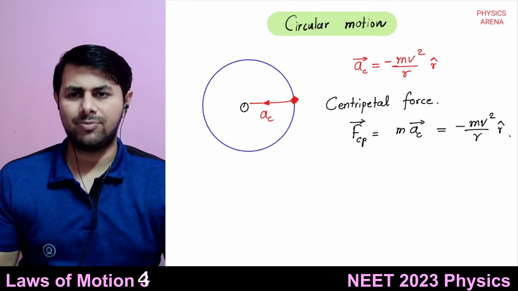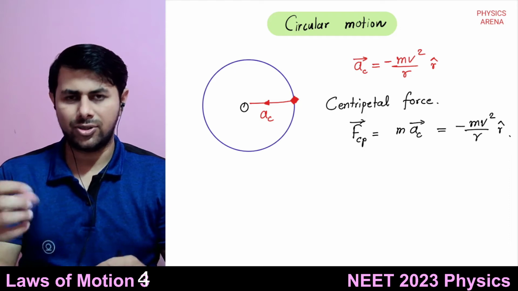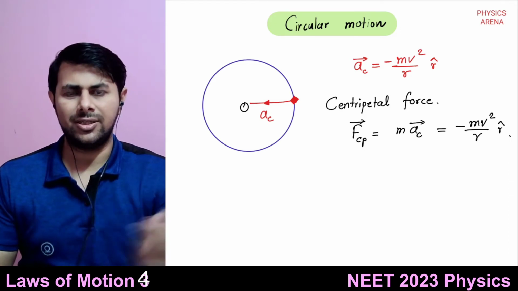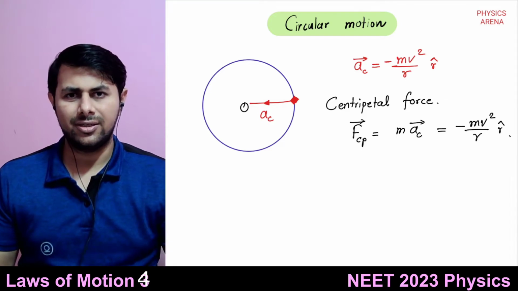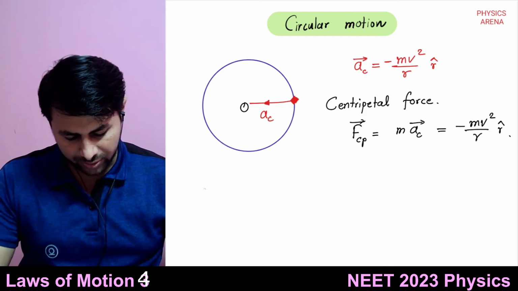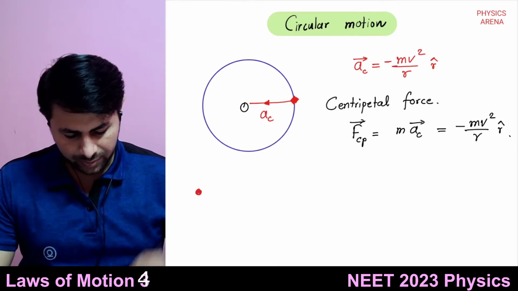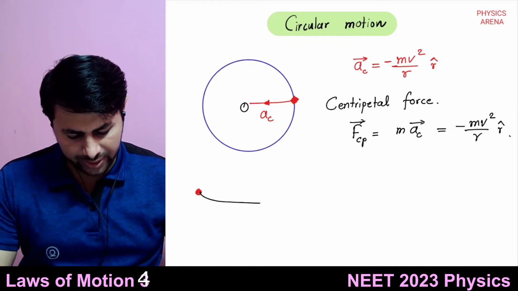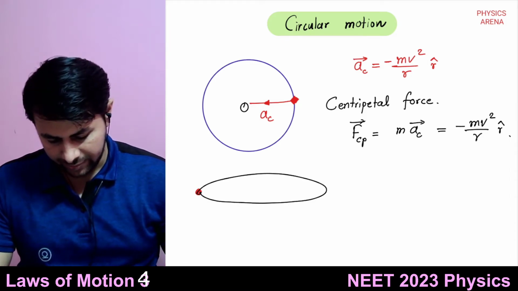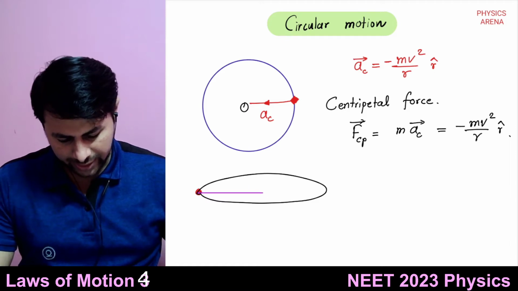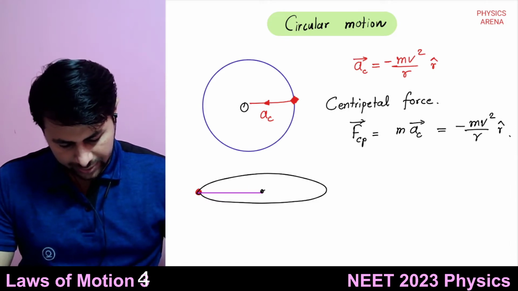For example, if you have a stone which is tied to a string and you whirl it in a circle, then there will be some tension in the string, right? So you take a stone, tie a string to it and whirl it in a horizontal circle like this, okay?